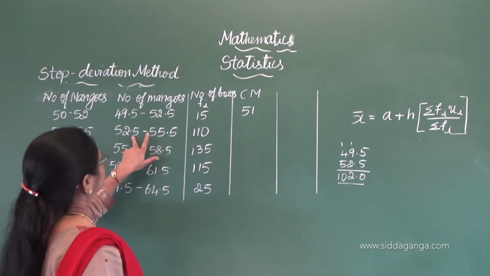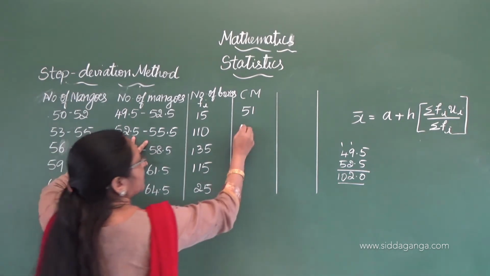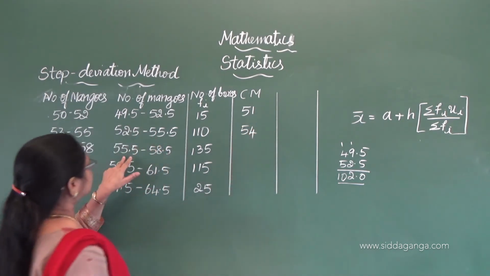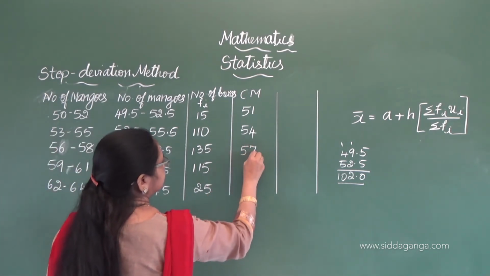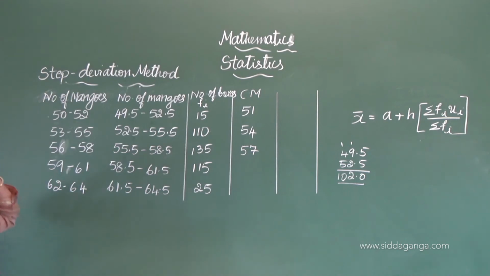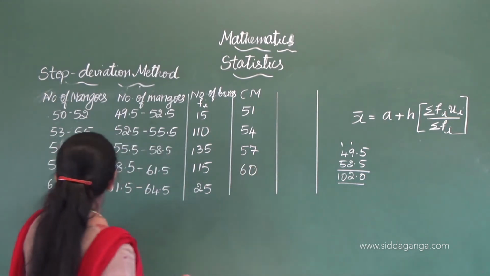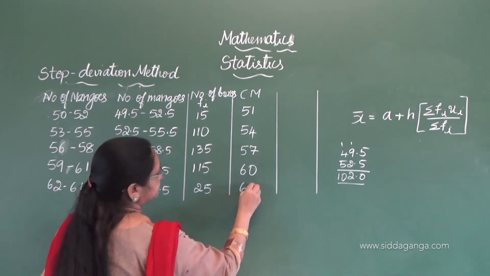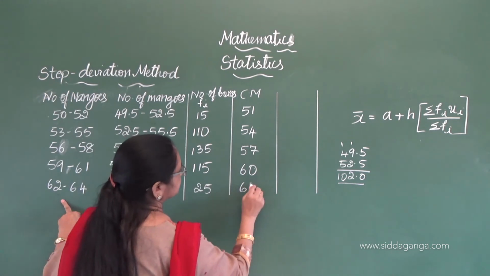Now next, here you can find out 54, and here 57, and here 60, and here 62, 63.